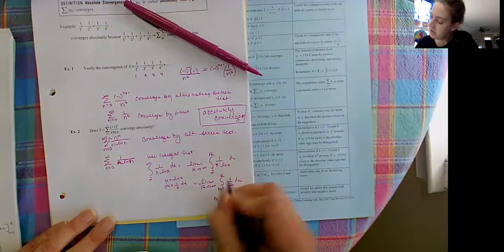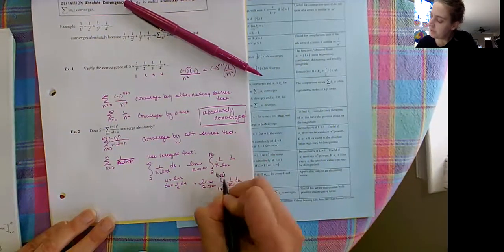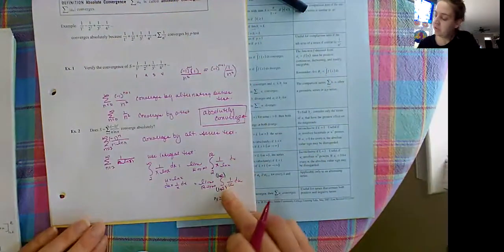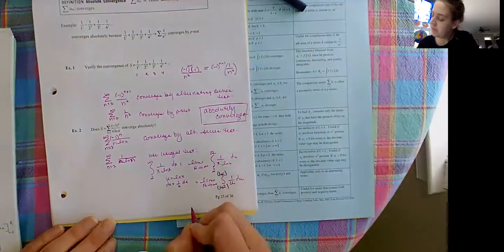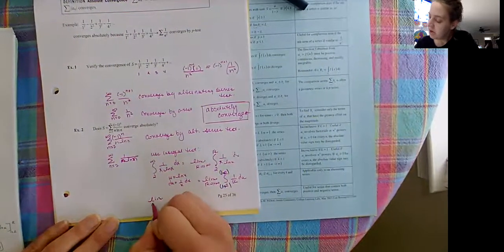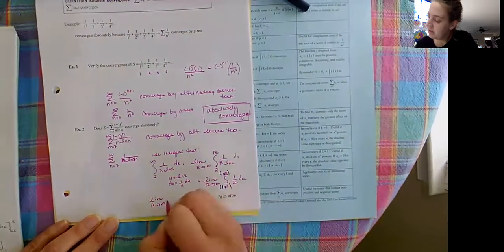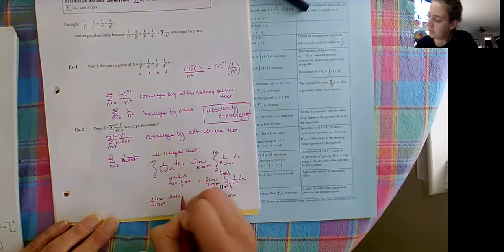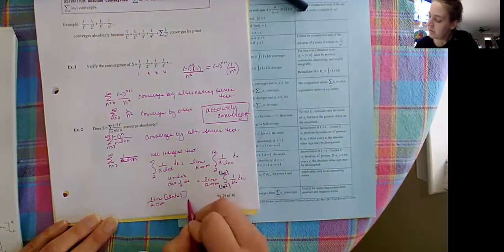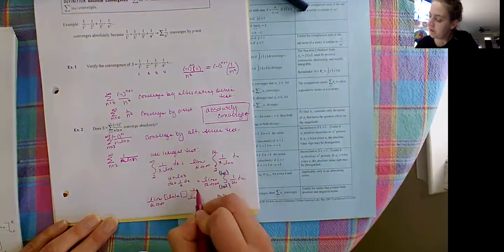This would be the natural log of 2, and this would be the natural log of r. If I integrate 1 over u, that's the natural log of u. So this is the limit as r approaches infinity of natural log absolute value of u, the antiderivative of 1 over u, from the natural log of 2 to the natural log of r.